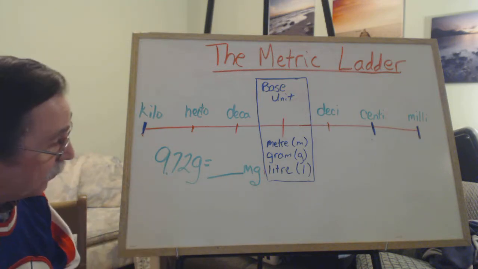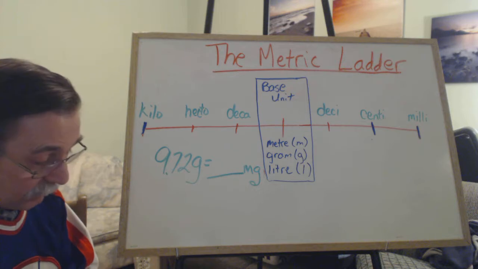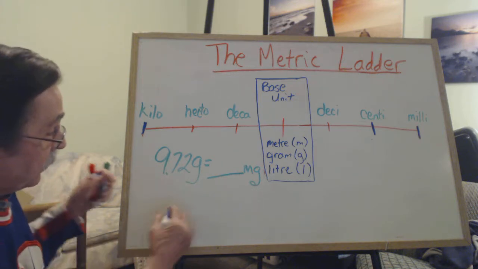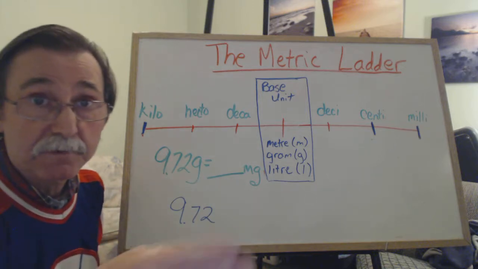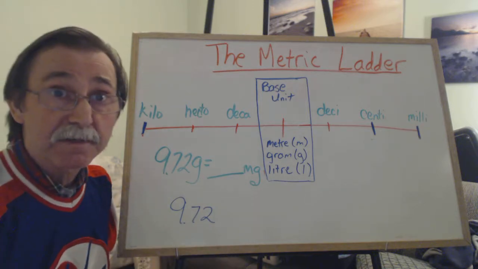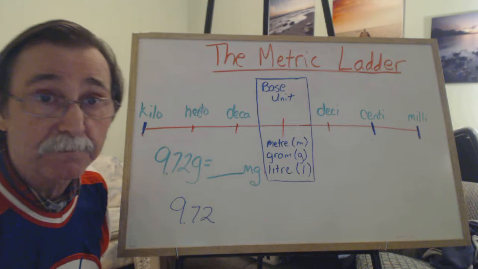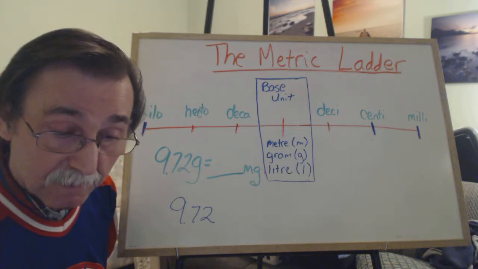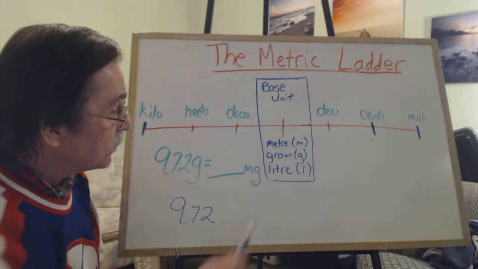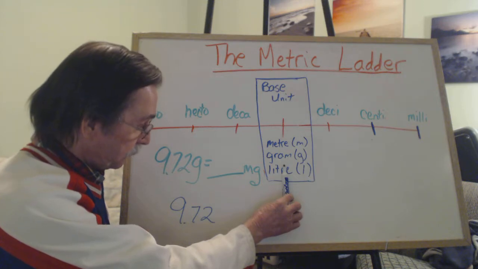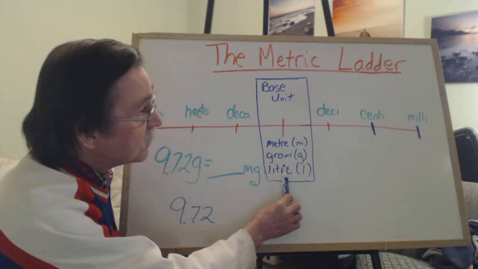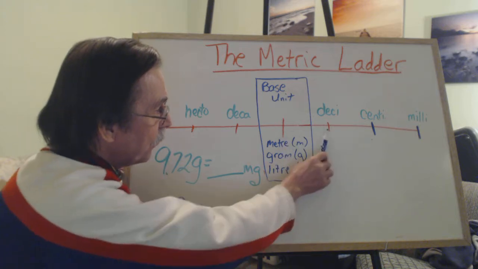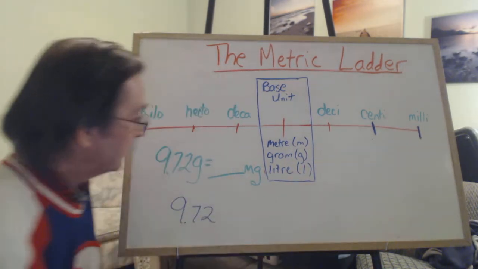I'm going to go down in the bottom here, and I'm going to rewrite my 9.72. Then I'm going to bounce my decimal place around as necessary, and put my answer back up there on the line. So I'm going from grams, which is a base unit, to milligrams. I'm going to jump 1, 2, 3.